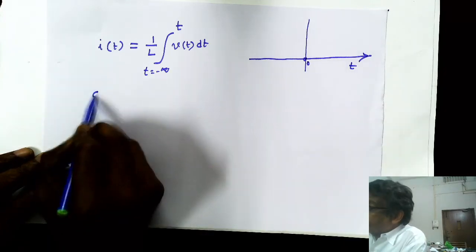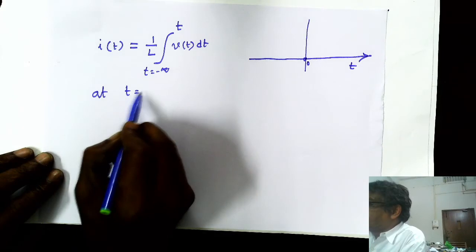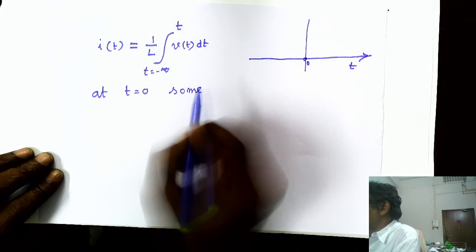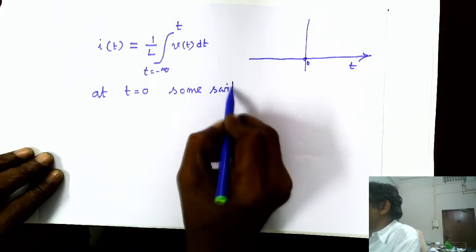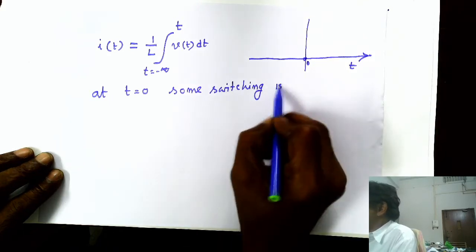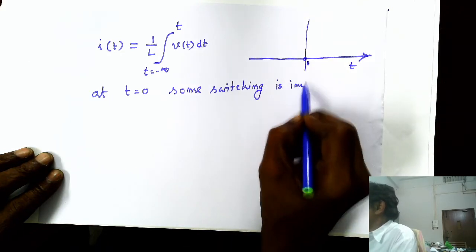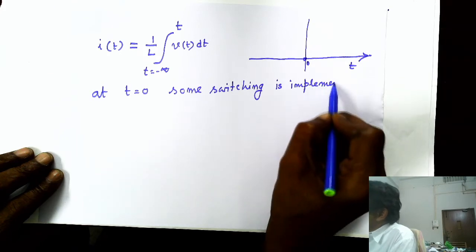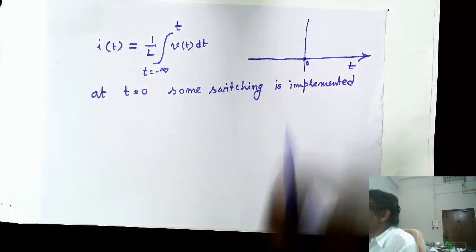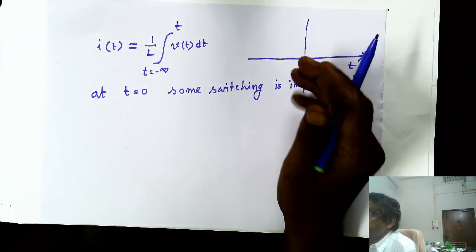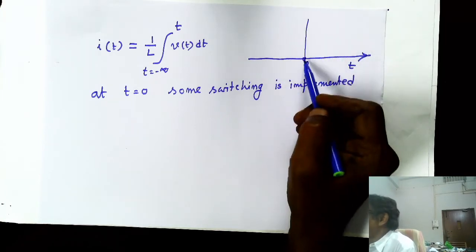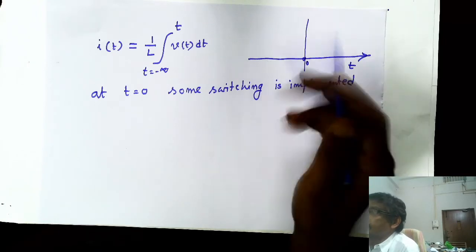At t equal to 0, some switching is carried out, implemented, whatever it is. Now the question is, at t equal to 0 you are doing some switching. Naturally the question comes that for t less than 0, what was the thing?